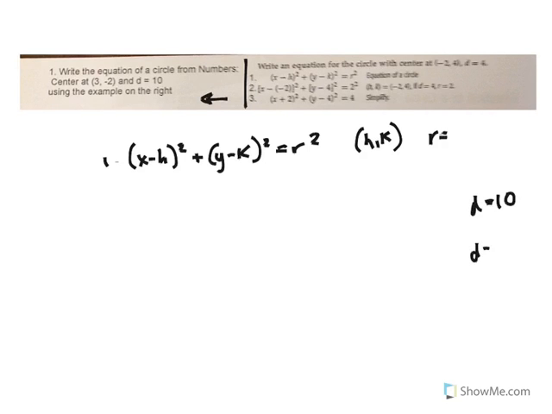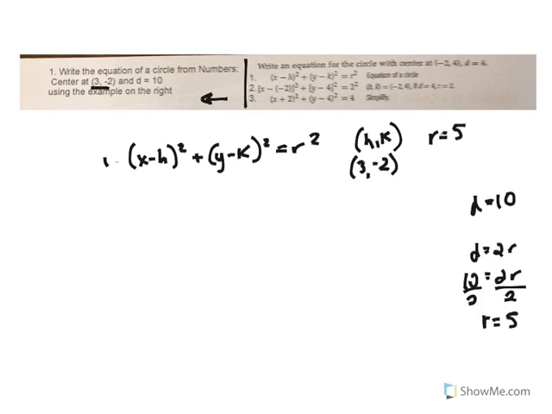So we know that diameter equals 2 times the radius. So we can set these equal to each other. We get the radius is 5. Okay, so we have our radius of 5, and we have our center point right here as 3, -2.